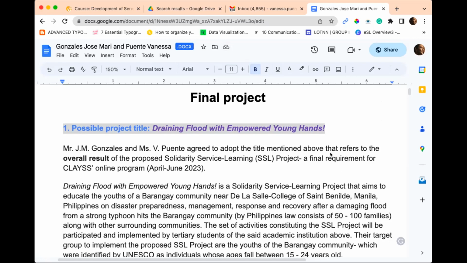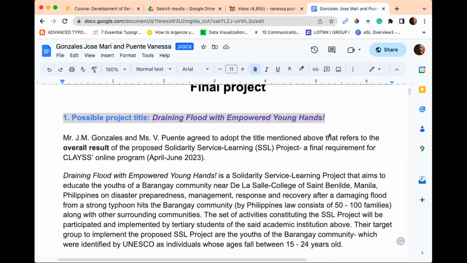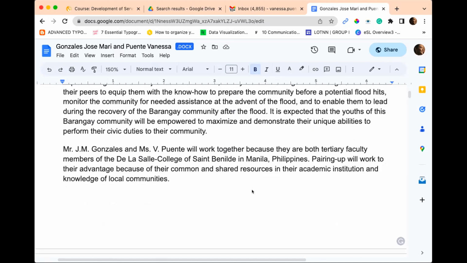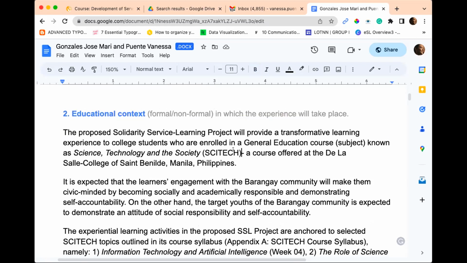The impact of the project on our students, who are taking up Science, Technology, and Society, a subject taken by first-year college students, should be understanding how technology can improve the lives of Filipinos, or how technology can be utilized to improve their lifestyle and make them, of course, non-susceptible, or what was the word again?